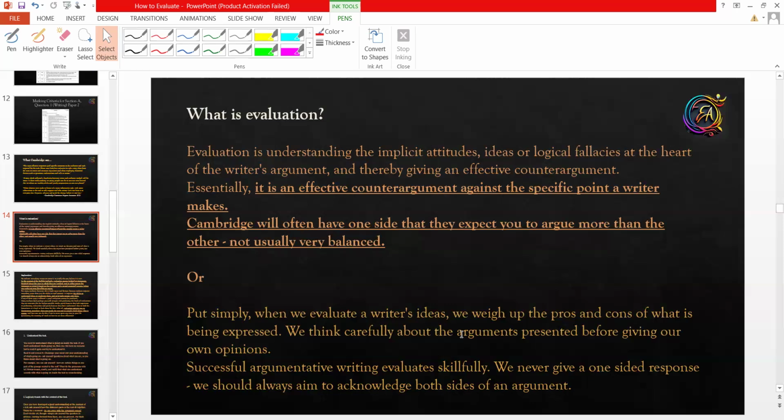If you agree with one point, you may disagree with another point of the writer, or if you agree with one writer's point, you may agree with the other writer's point too, or you may disagree with both writers at the same time. That is the reason why they have asked you to give your own opinion, later on in the second bullet point.